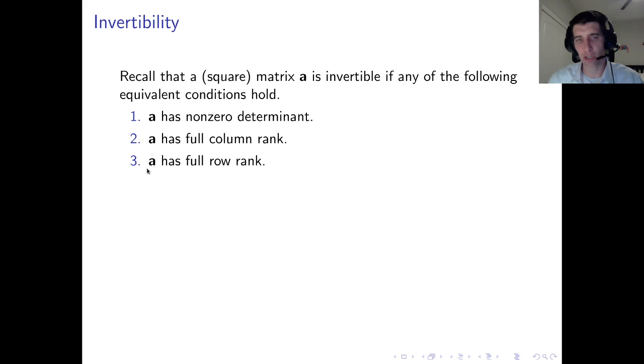Full column rank means that we cannot come up with a linear combination of columns which is equal to 0 besides the one where all the coefficients are equal to 0, and the same for rows. It has full row rank if we cannot come up with a non-zero linear combination of rows such that that linear combination is equal to 0.